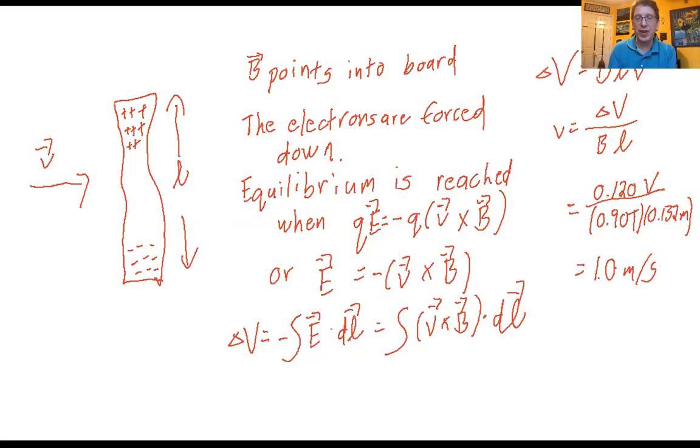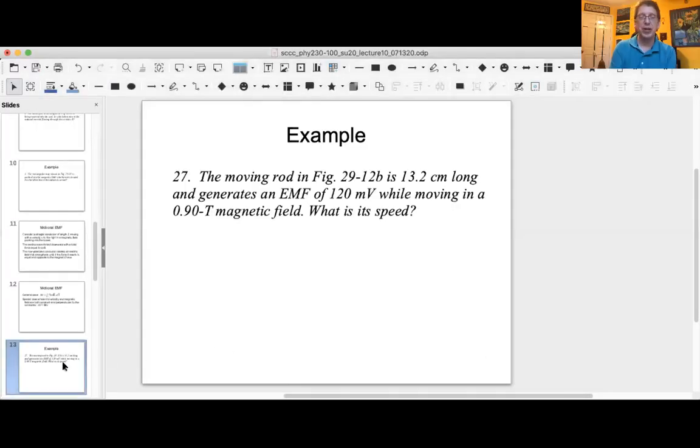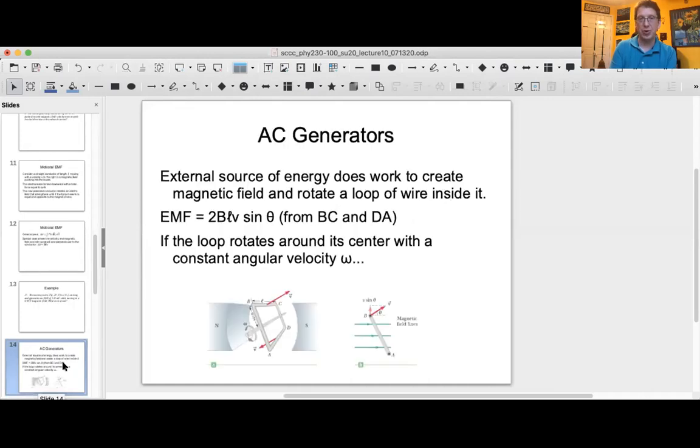Okay, so moving on from that, an important example of motional EMF, although you can also derive this relationship using Faraday's law, is AC generators. Now, AC generators are very, very important.